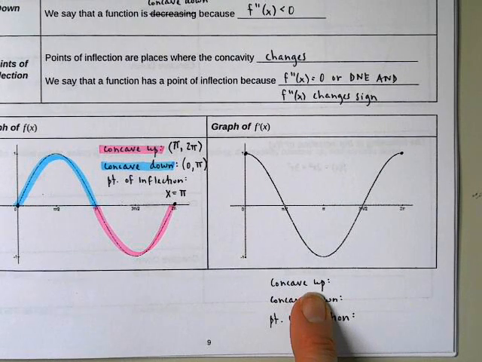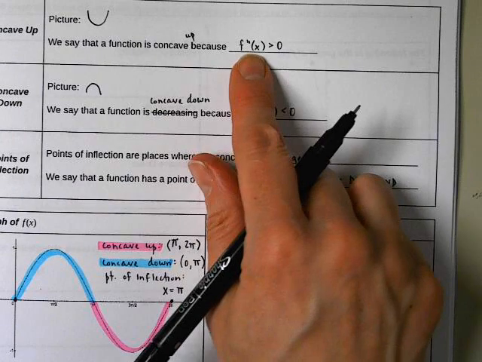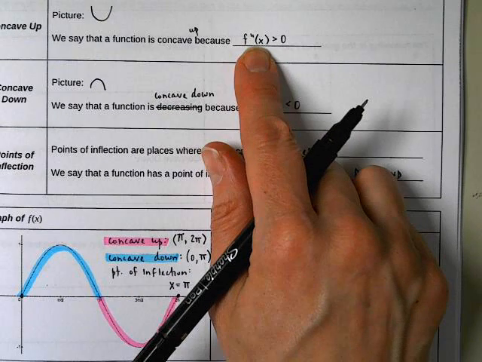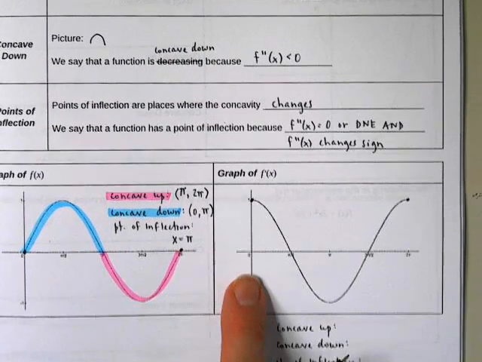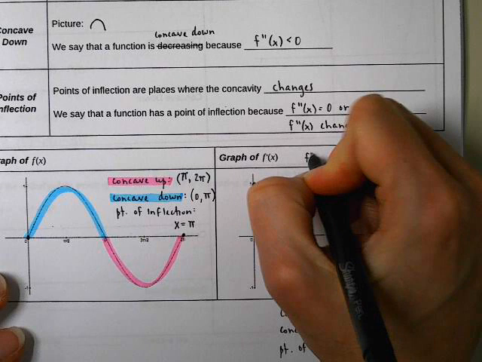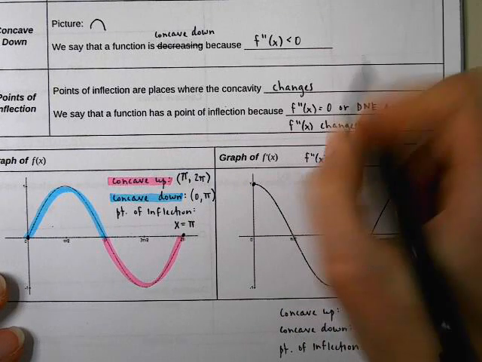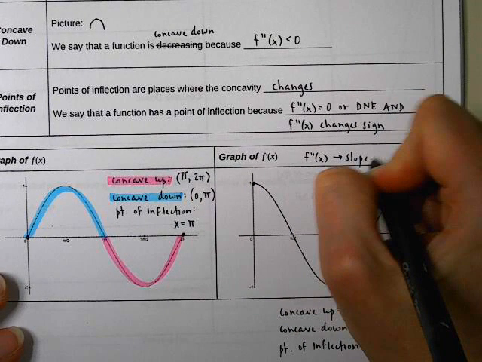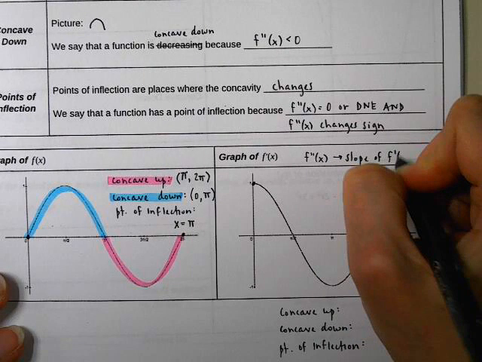We said we're going to be concave up wherever f double prime of x is greater than 0. So if I have a graph of f prime, f double prime is going to be the slope of f prime of x.